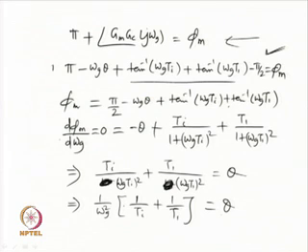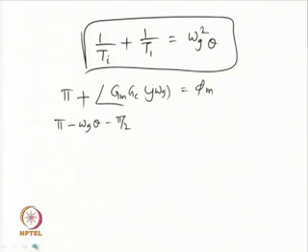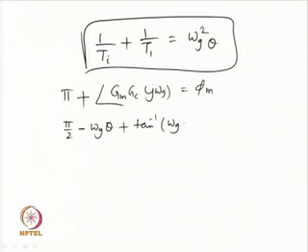Okay. As far as differentiation is concerned, this term has no role, therefore, whatever expression we have got is correct. Okay. Now, this is now finally given as pi by 2 minus omega_g theta plus tan inverse omega_g T_I plus tan inverse omega_g T_1 is equal to phi_m. This is the expression for the phase margin.